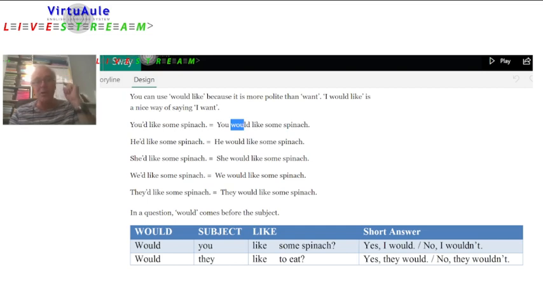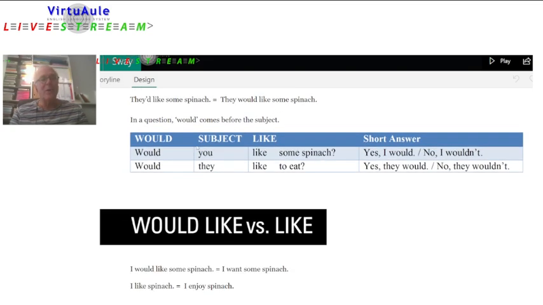This is something you will learn about modal verbs. You saw with can, I can, you can, he can, she can. There's no change in the modal. And the like form is the infinitive, always the infinitive after the modal. So, question. Would comes before the subject. Okay, this is the typical order of the verb and subject in the question form.